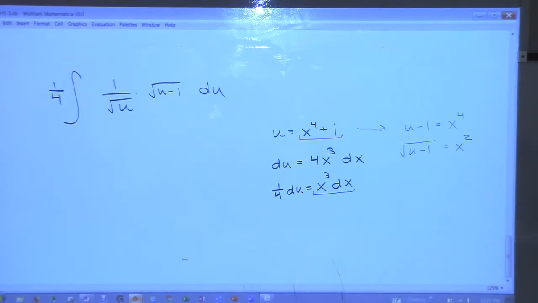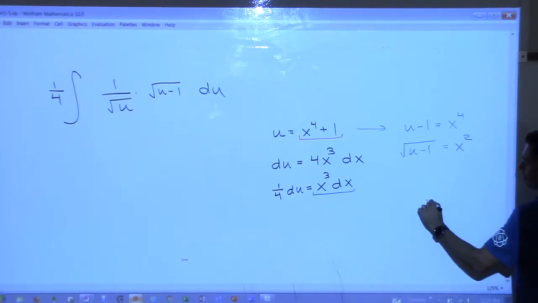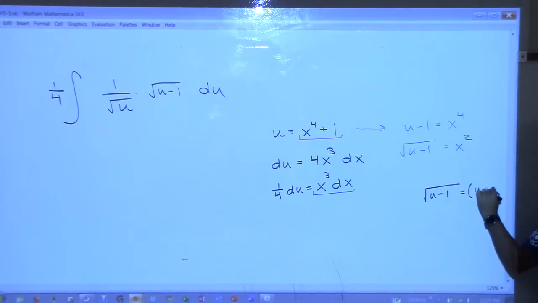Could you separate, so could it be like in the numerator, u to the 1/2 minus 1 to the 1/2 over u to the 1/2, and then get rid of the 1/2? You can rewrite this as u minus 1 to the half, but you cannot then rewrite that as u to the half minus 1 to the half. You can't apply it to each one because there's subtraction.